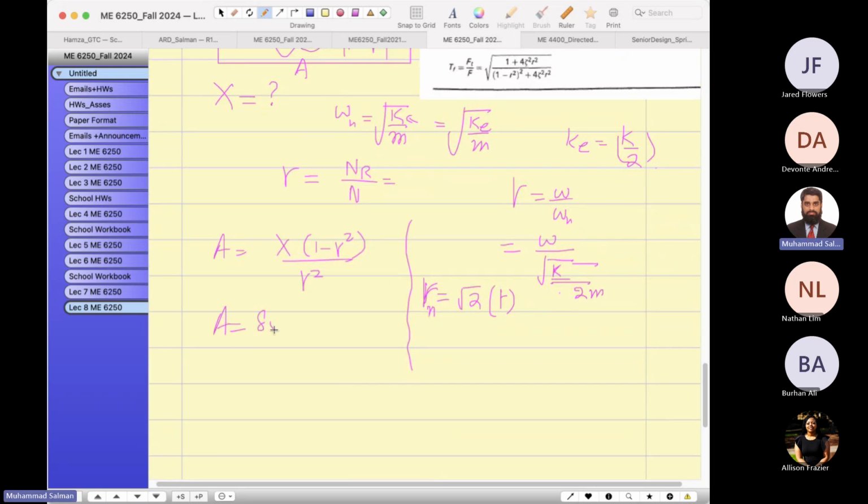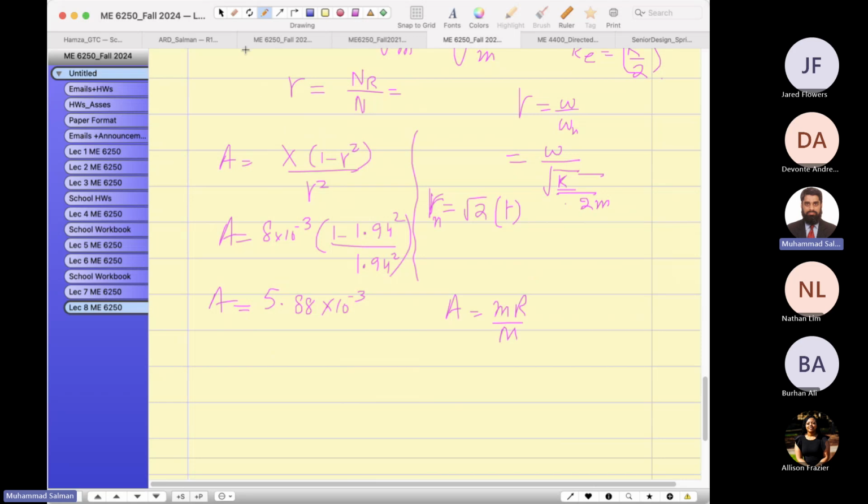A equals 8 times 10 to the negative 3, times (1 minus 1.94 square), divided by 1.94 square. So if you solve for this, do you get this answer? This is my A. We have assumed that this scalar value is equal to A.